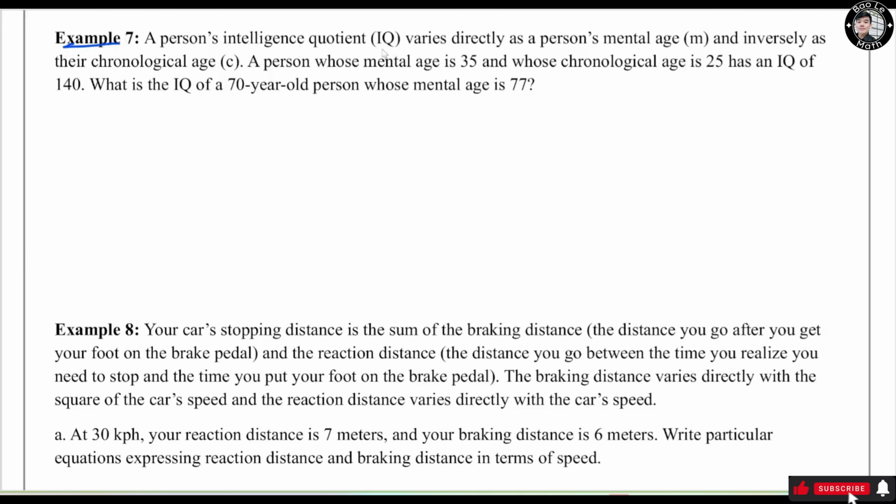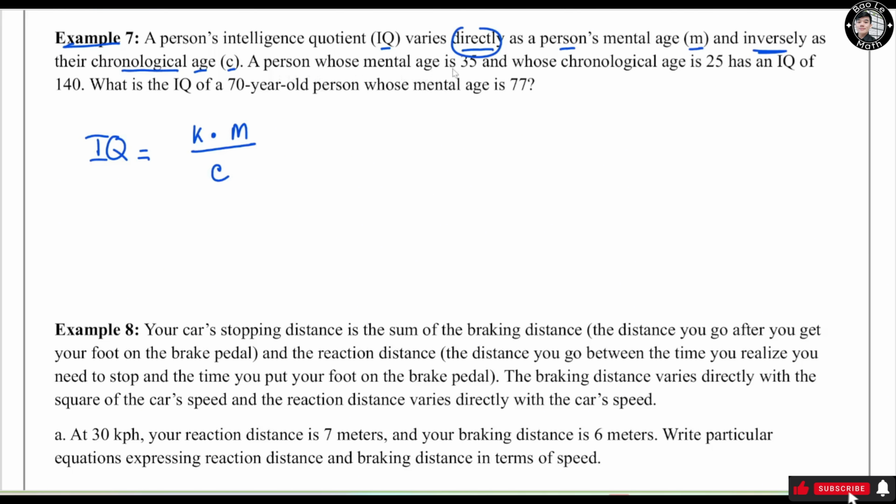Now, example number 7. A person's IQ varies directly as a person's mental age M, so we have IQ equals K times M, and inversely as the chronological age C, divided by C. That's the formula.